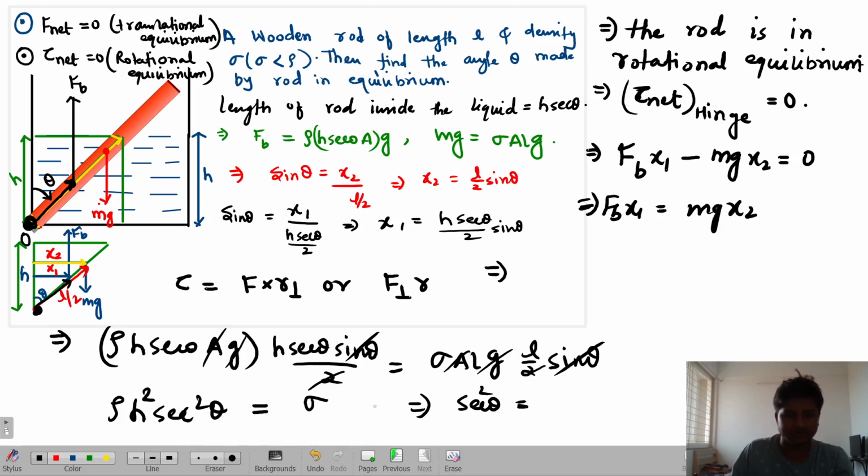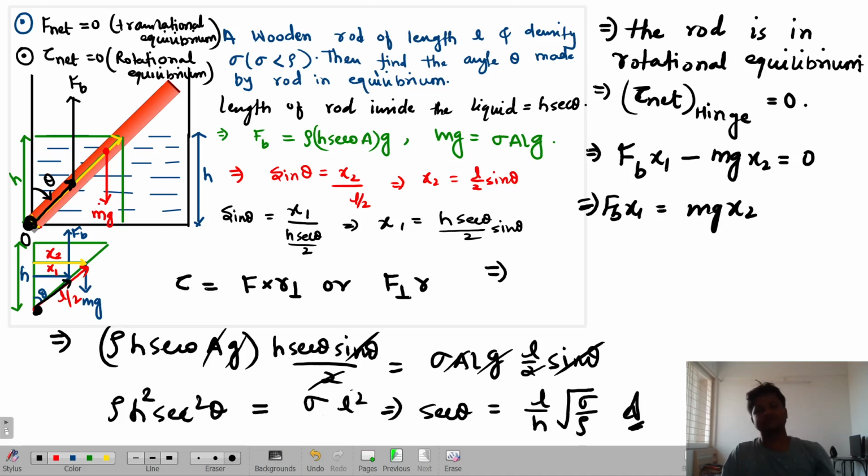So just sigma L square. Sec square theta, I'll just write sec theta directly now. So this implies sec theta is equal to L by H times the root of sigma by rho. That's your answer. That's the angle made.